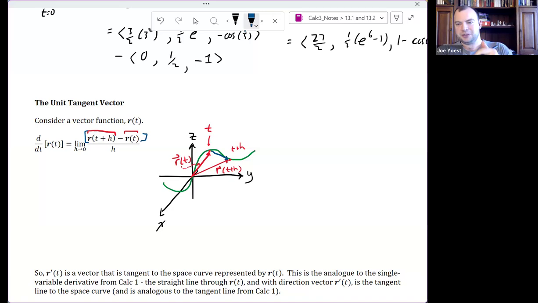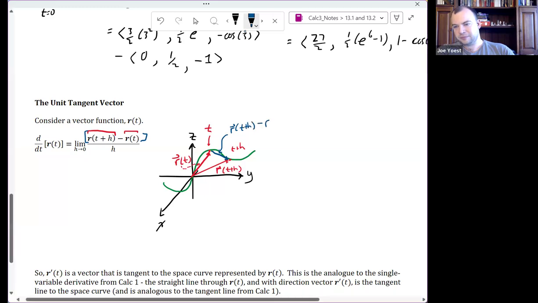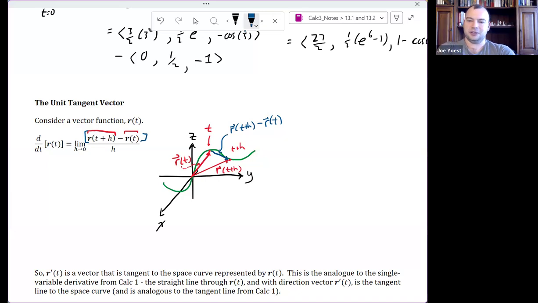So r of t plus h minus r of t is this blue vector, pointing from the point at t to the point at t plus h.